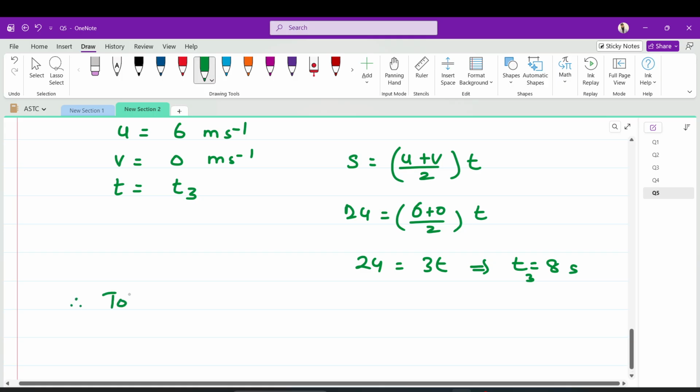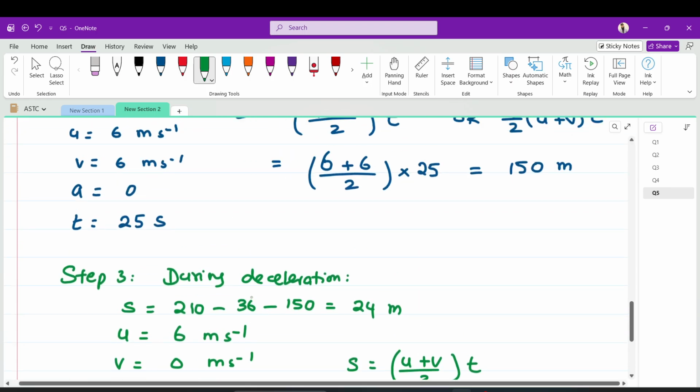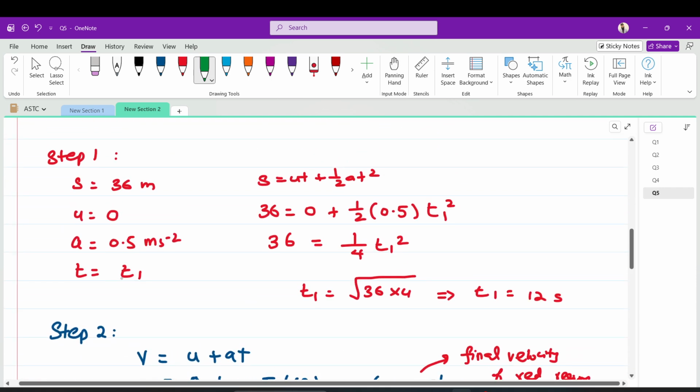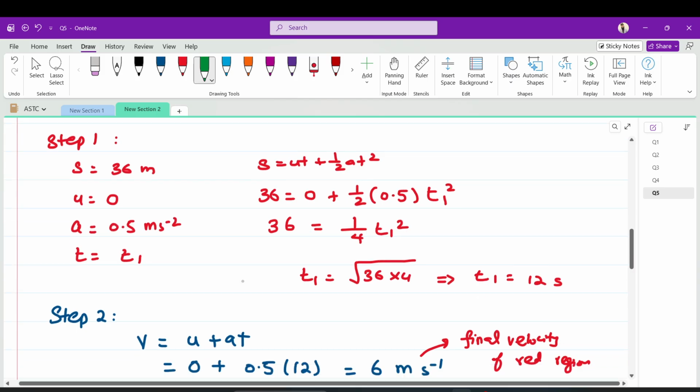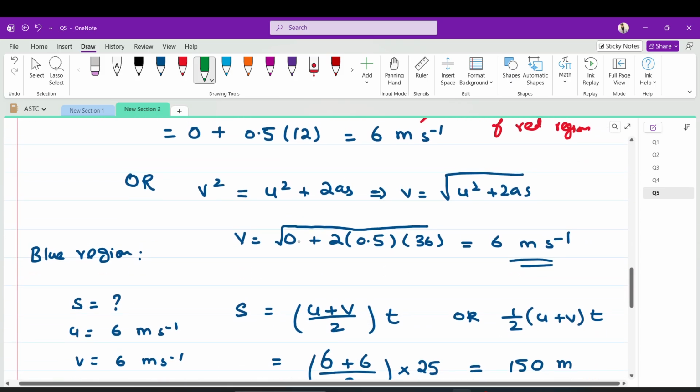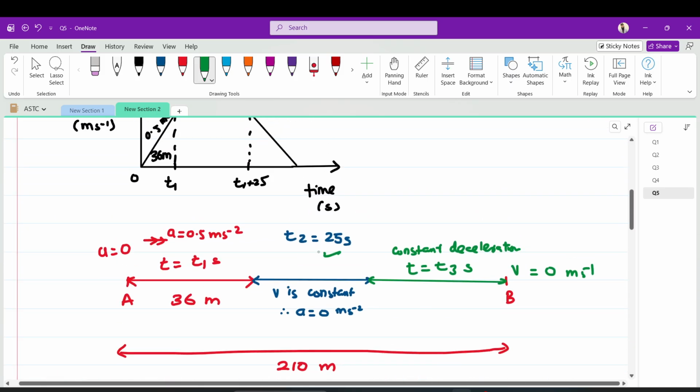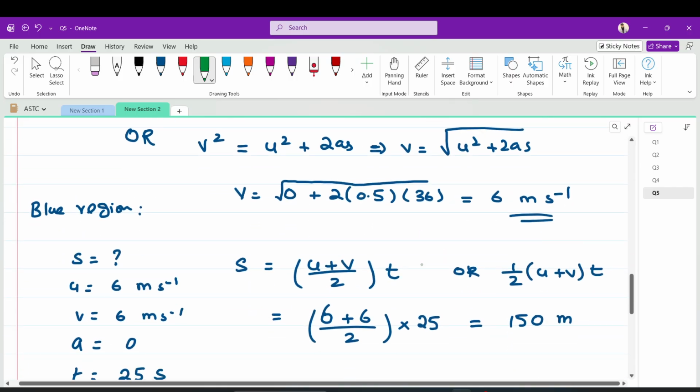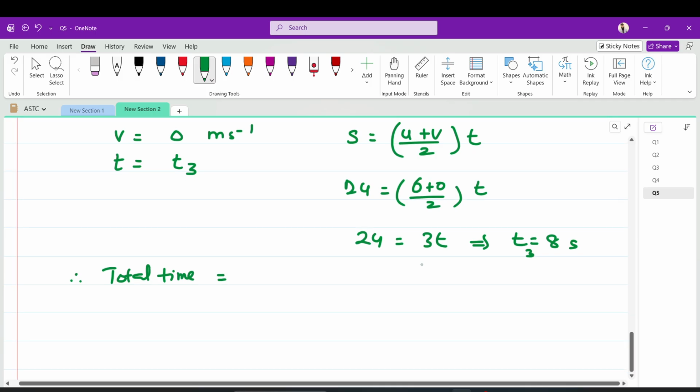Therefore, total time equals, now T1 was 12 seconds, T2 was 25 seconds, which was already given in the question, and T3 we just found was 8 seconds.